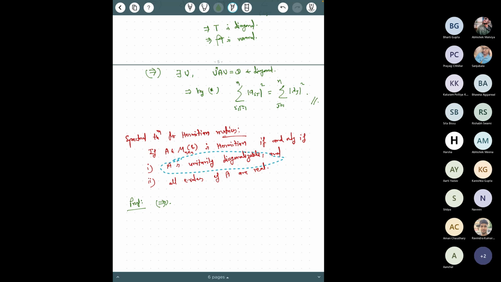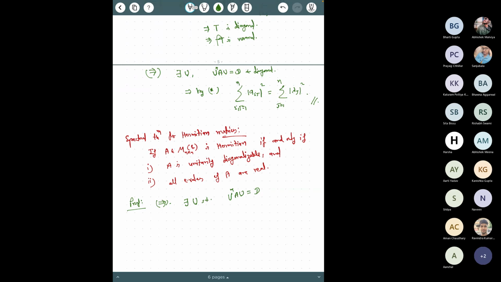How to prove all eigenvalues of A are real? From point 1 we know that A is unitarily diagonalizable. That means there exists U such that U star AU is a diagonal matrix D, whose diagonal entries are the eigenvalues of A. We have to prove that these eigenvalues are all real.